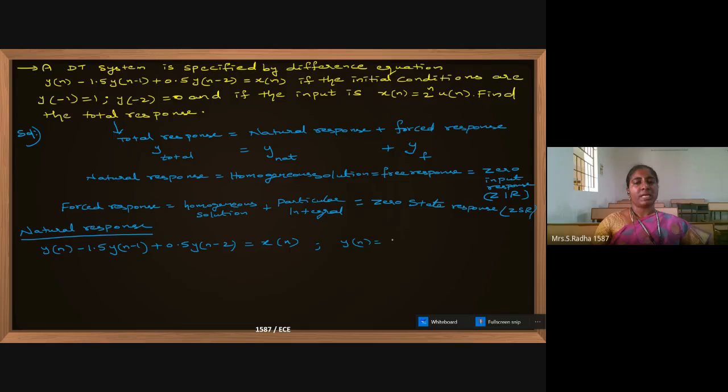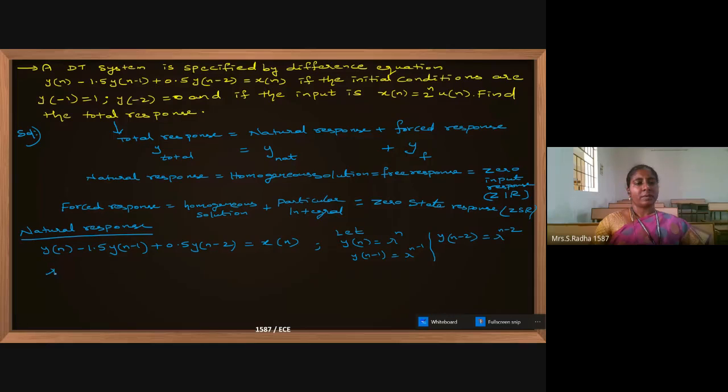I will assume y(n) as lambda^n, then y(n-1) as lambda^(n-1), and y(n-2) as lambda^(n-2). The input is 0 because natural response, or free response, means zero input.